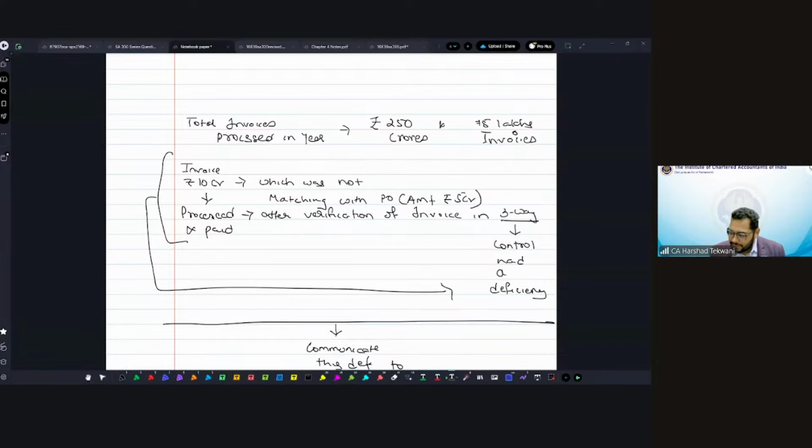Like, okay, this deficiency is in the three-way match control. Now, I will explain to them, okay, do we have any other control behind the three-way match control which can somehow reduce the chances of misstatement? It can be a complementary or supplementary control. Remember, there are some controls which can be complementary controls.